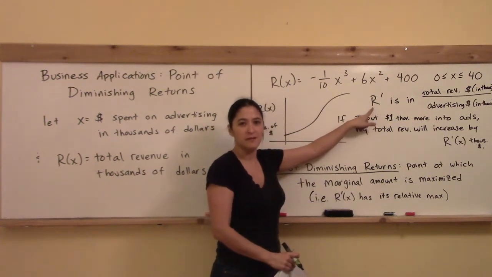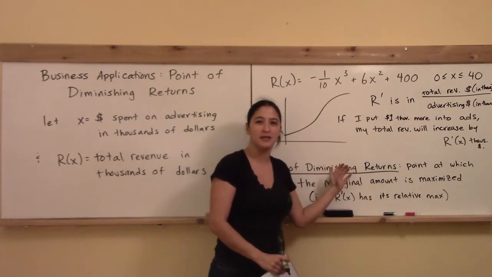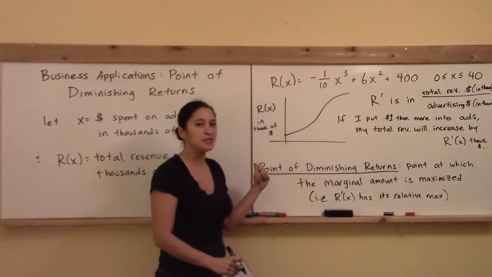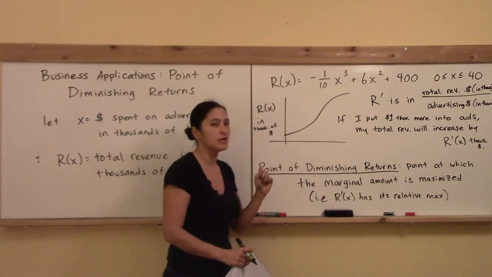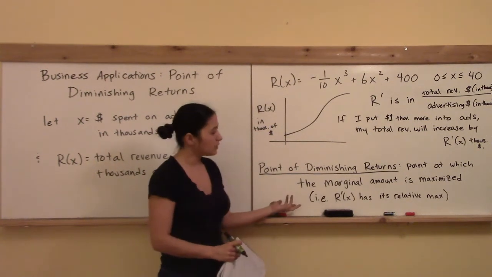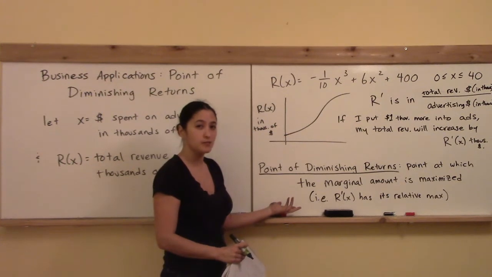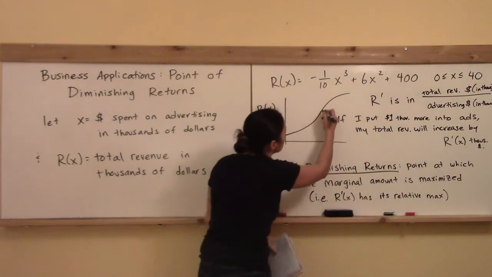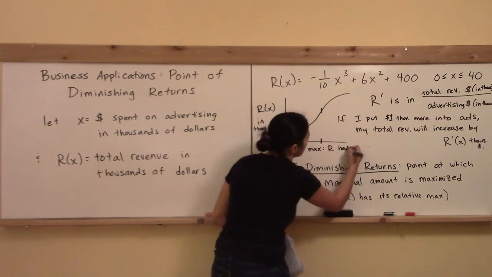Because if this number, r prime, was as big as it could be, that would be the most money that I'm getting in my return of revenue for the amount of $1,000 increase in my advertising spending. That's why it's called the point of diminishing returns, because once you find that point at which r prime is maximized, which is going to be right around here somewhere, this is going to be where r prime has its max, and r has an inflection point.